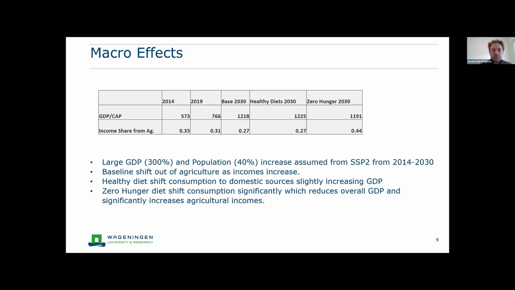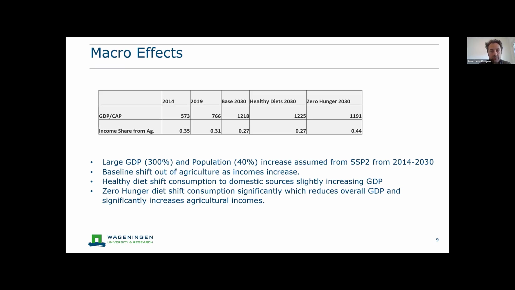The healthy diet scenario. So this is then sort of the minimum consumption, with more of a shift in the types of foods consumed. This increases GDP slightly, also because it shifts consumption from imported towards domestic products, just in the nature of the products being demanded.